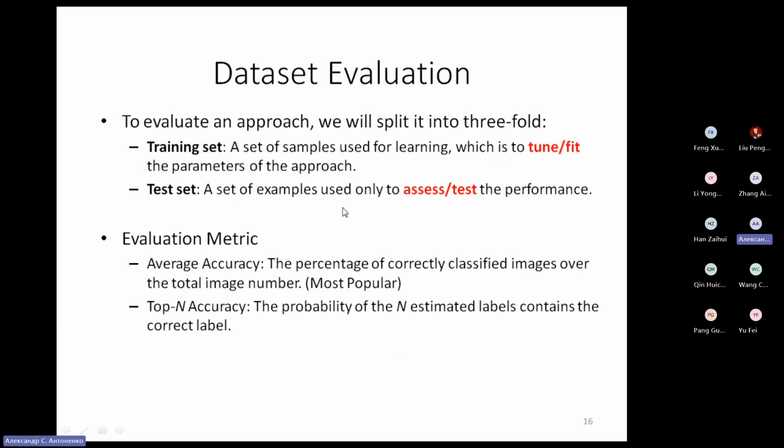Then we should divide, as I just said, this data set into two categories: a training set, a set of samples used for learning, so we learn using the training set. And a test set, examples used only to assess or test performance.